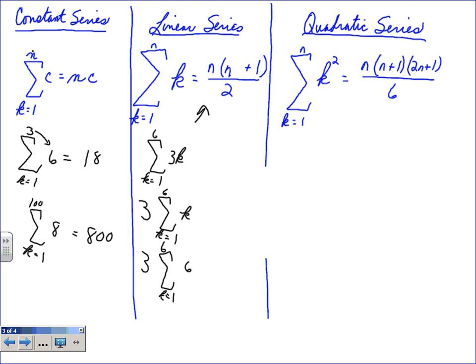So it'll be 6 times 6 plus 1, divided by 2. 6 times 7 is 42. 42 divided by 2 is 21. 3 times 21, there's our 63.